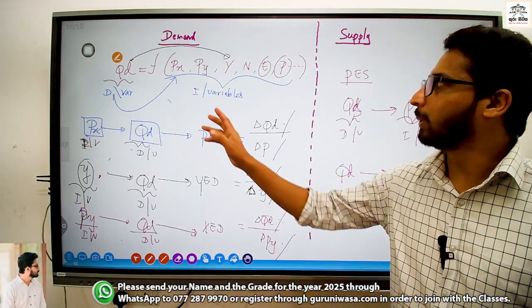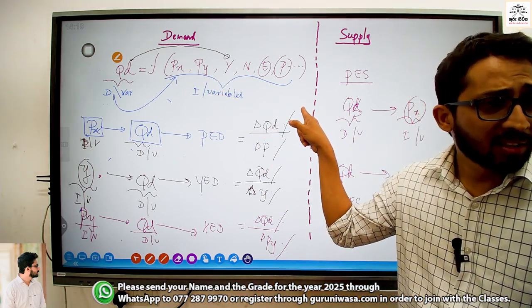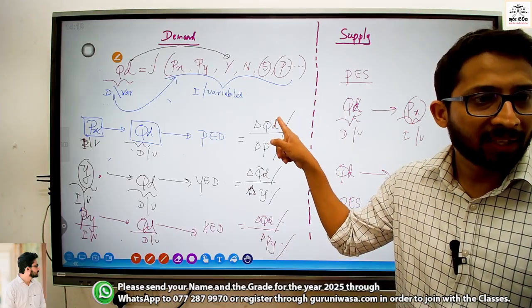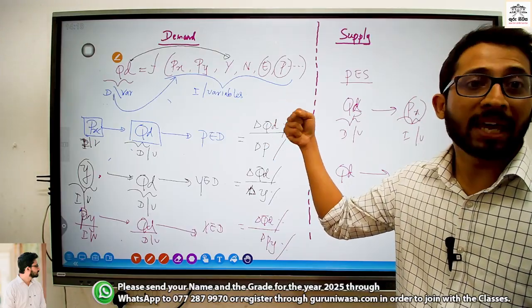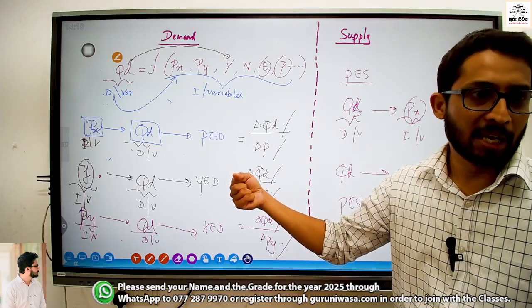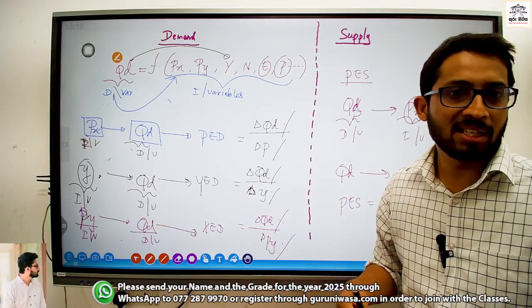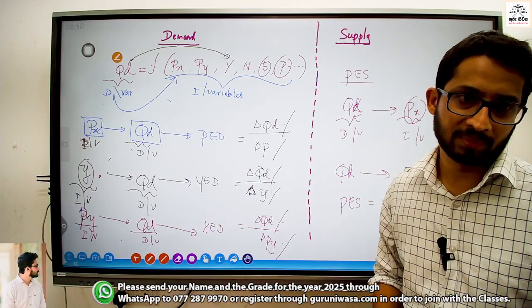Why don't we calculate elasticity for other factors? What is the reason? Can't. Why? These values cannot be calculated numerically. Percentage change cannot be calculated. You get the point? That is the point.